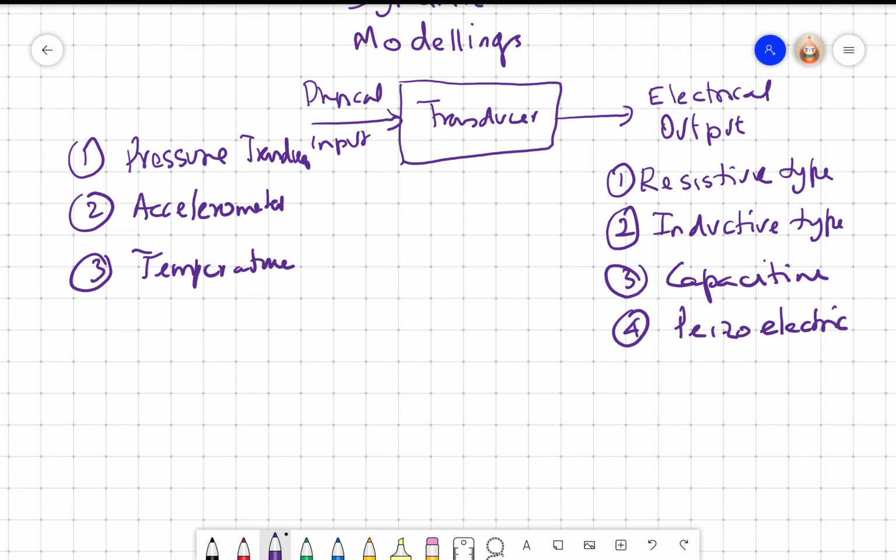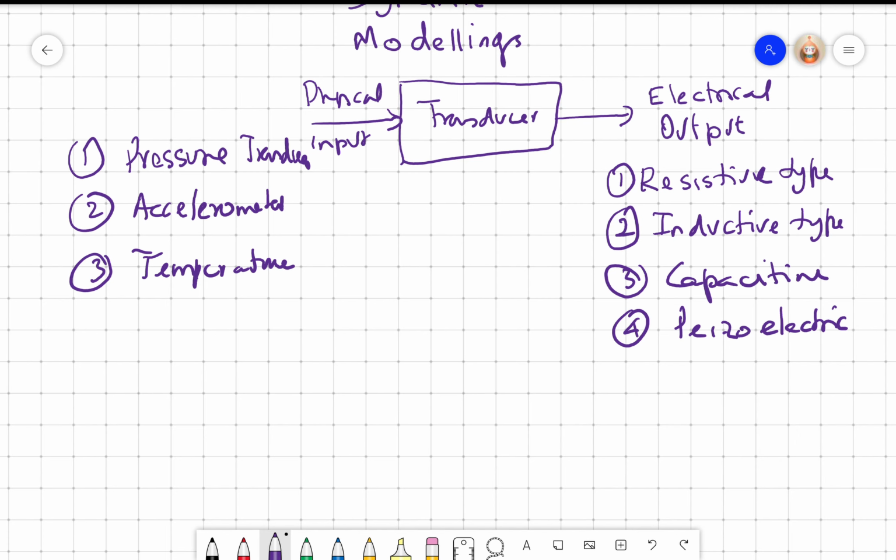Being an electrical engineer, it's much easier if I look at transducers from the electrical perspective, because then we can look at different inputs with the same electrical phenomena, how we can use a particular, let's say, resistive type transducer for measuring temperature, or measuring pressure, or measuring force, anything, right.